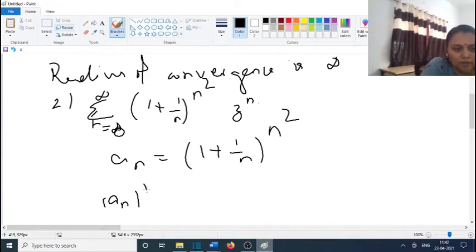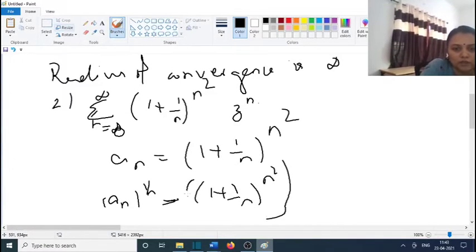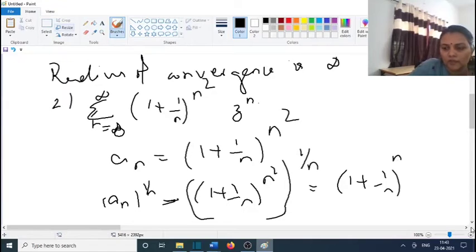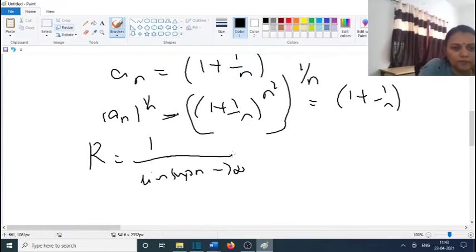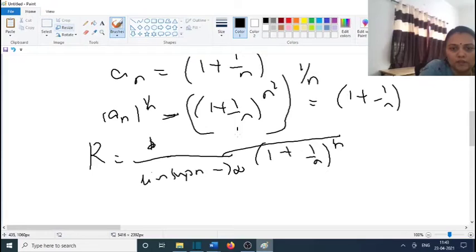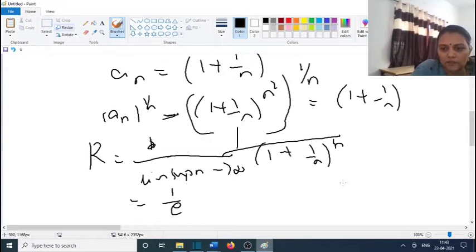So |a_n|^(1/n) is ((1 plus 1 by n)^(n squared))^(1/n), which is equal to (1 plus 1 by n)^n. So the radius of convergence R is equal to 1 by limit supremum as n tends to infinity of (1 plus 1 by n)^n. Since limit as n tends to infinity of (1 plus 1 by n)^n is e, the answer is 1 by e.